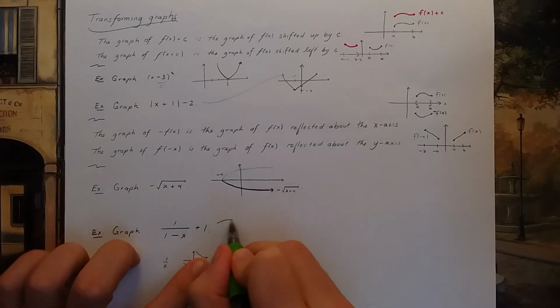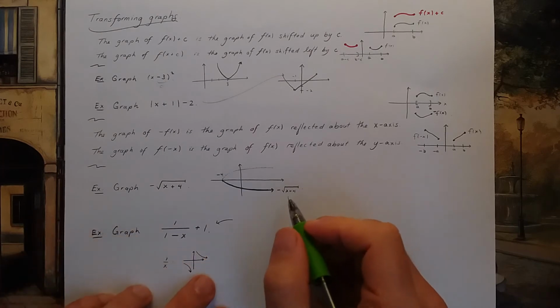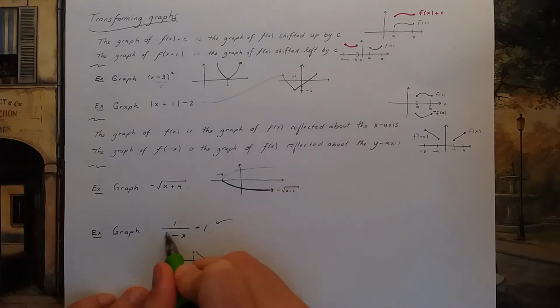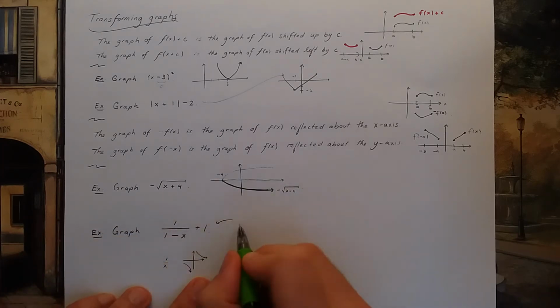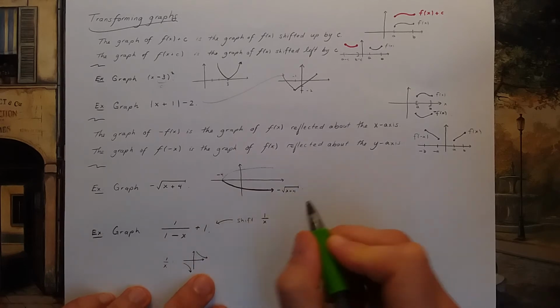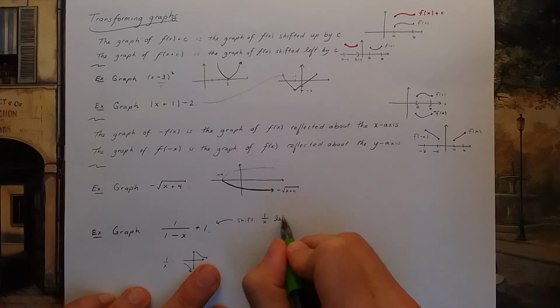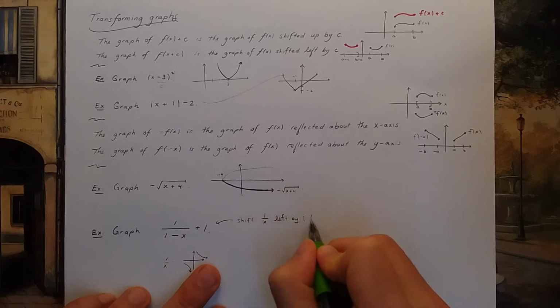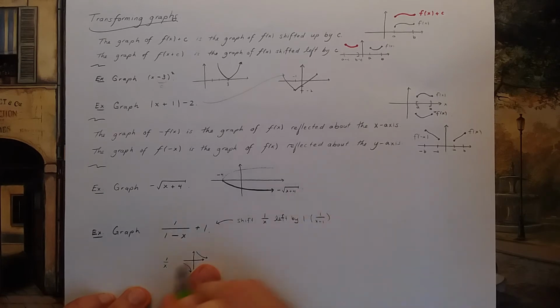The first thing, maybe I should write down what I'm doing here. I am going to shift the graph of 1 over x left by 1. That will give me the graph of 1 over x plus 1.